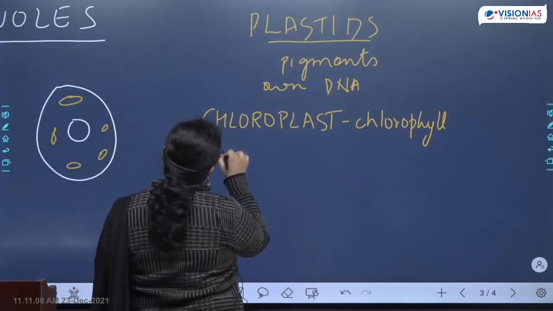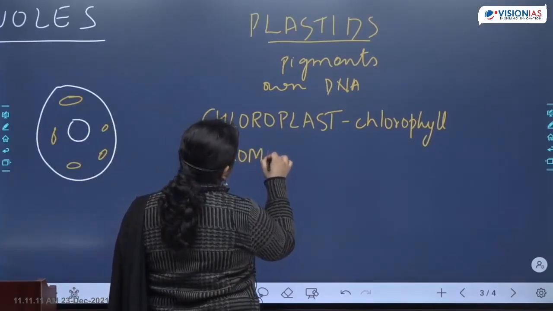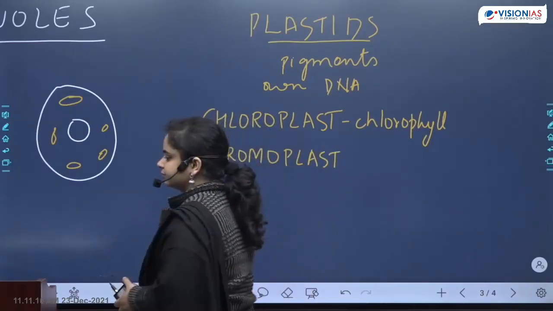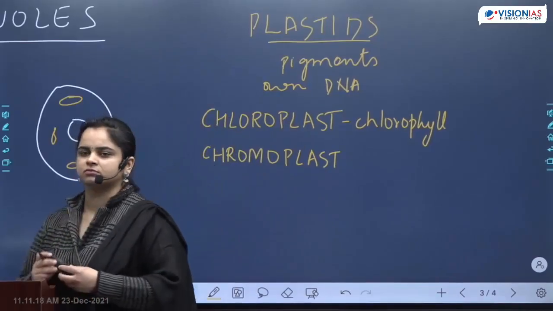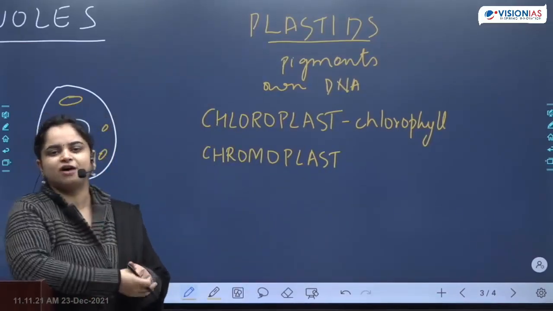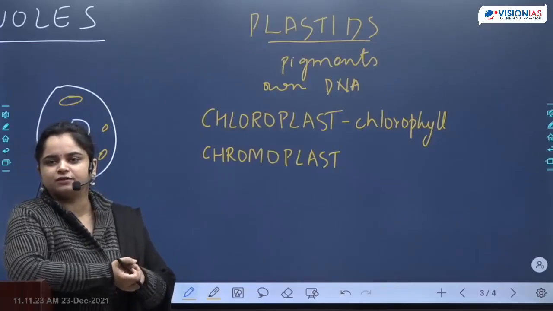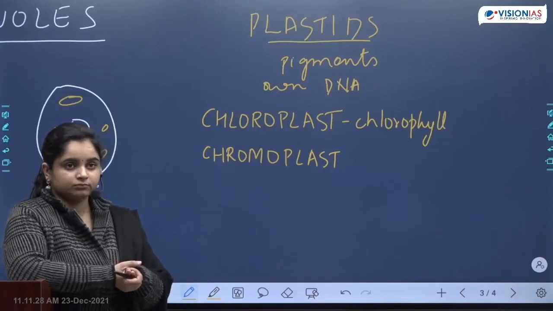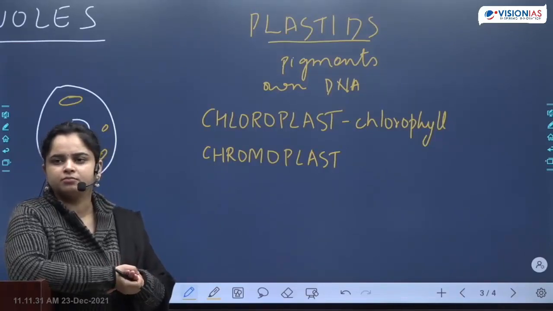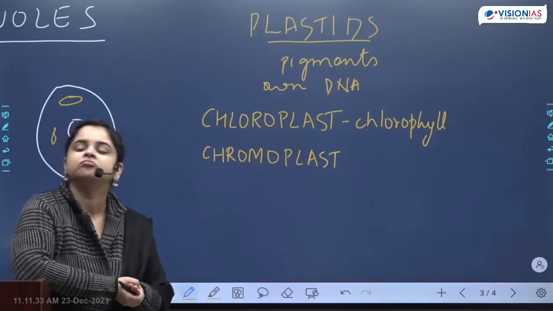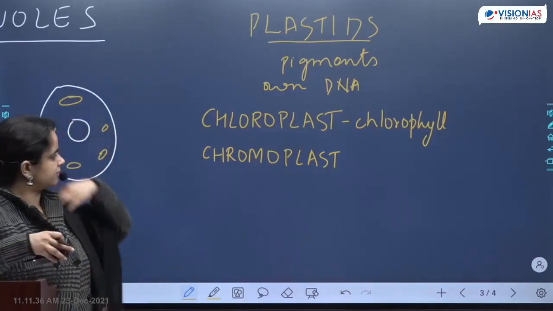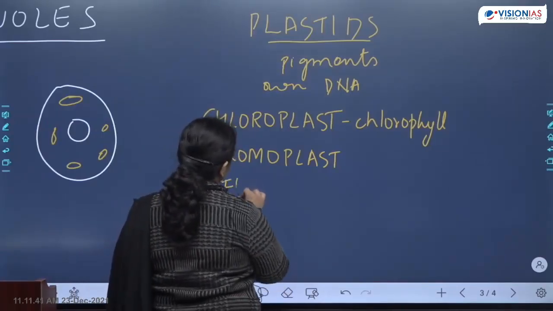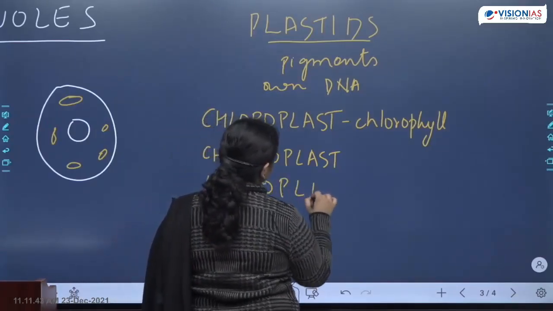Then second is chromoplast. Chromoplast, found in the colored parts of the plant. Colored parts of the plant, like flowers basically. And we have another type of plastid which is called leucoplast.